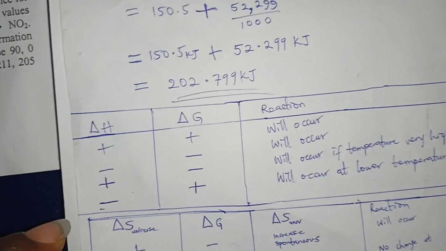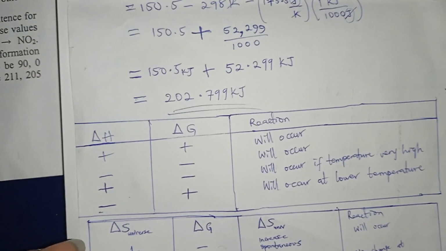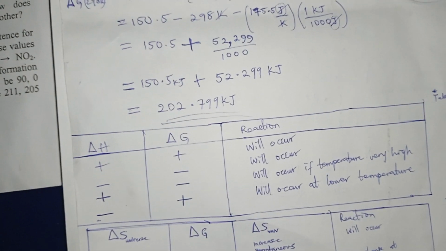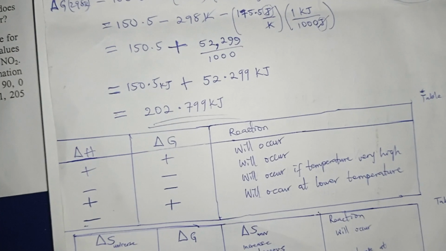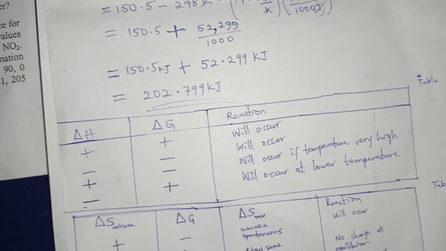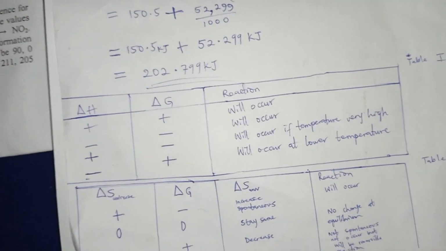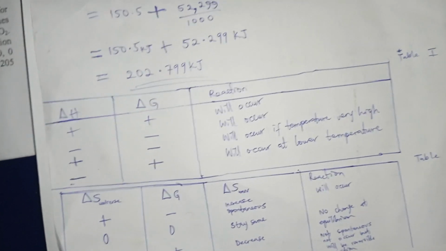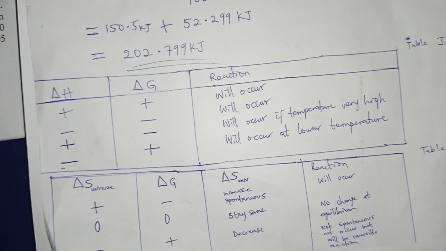When it's negative, reaction will occur. When enthalpy is negative and Gibbs free energy is positive, reaction will occur if the temperature is very high. The same thing if the enthalpy is negative and Gibbs free energy is positive, reaction will occur at lower temperature.